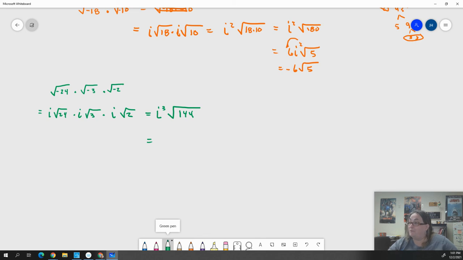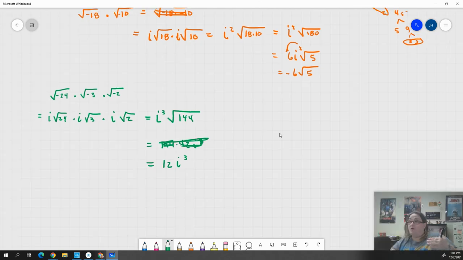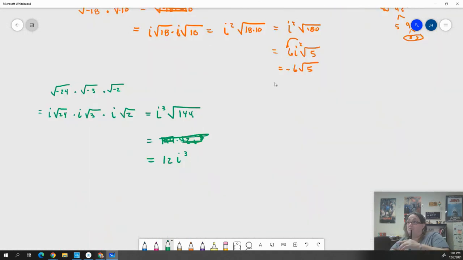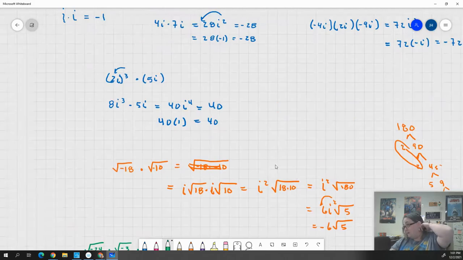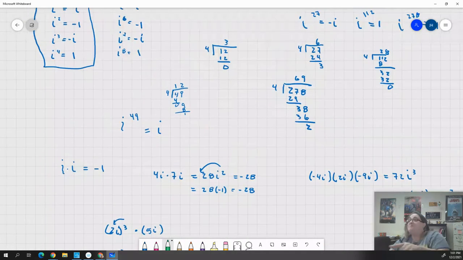Excellent. So right now I have 12 I cubed, right? Let me rewrite it so it's pretty. I have 12 I cubed. And we know from our little chart before that I cubed, wow, our chart's really far up there.